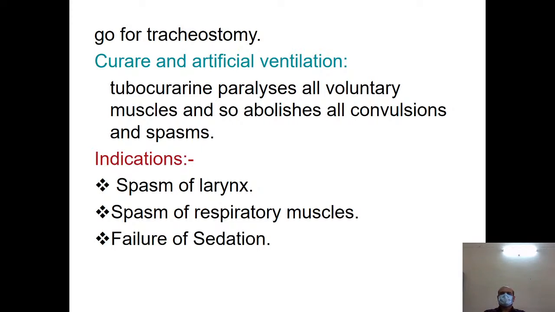Curare and artificial ventilation. Tubocurarine paralyzes all voluntary muscles and so abolishes all convulsions and spasm. Indications are spasm of the larynx, spasm of respiratory muscles, and failure of sedation.